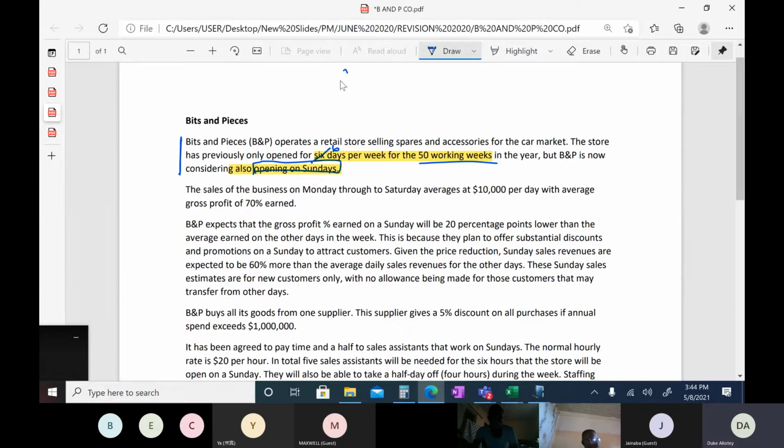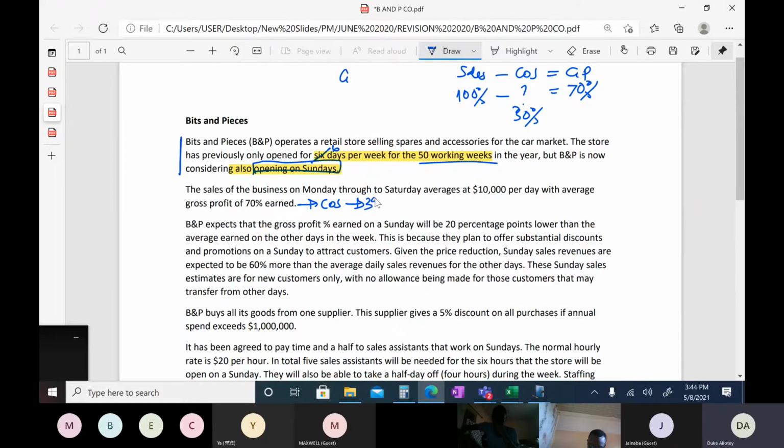Don't forget that gross profit is the difference between sales minus cost of sales equals gross profit. So then it means that if my gross profit is 70% and my sales is 100, then it means that my cost of sales must be 30%. I believe you can see that. Then it means my cost of sales is 30%. So that leaves us with a cost of sales of 30%.